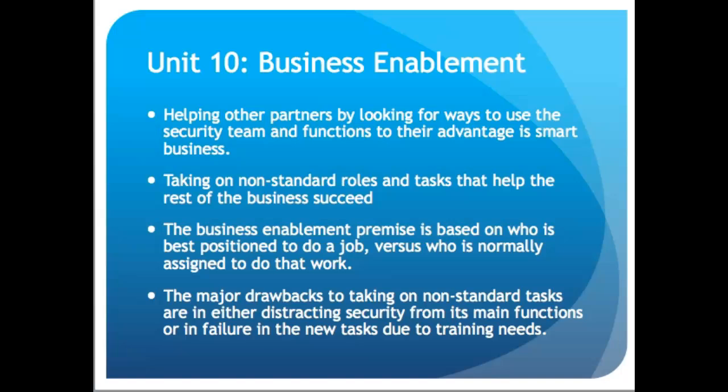So business enablement is about who is best positioned to do a job, whether or not that job is theirs to do. And as long as they have the basic training and it does not detract from their normal duties, then they would enable the business by taking on that role themselves, even though it's not part of their core business.